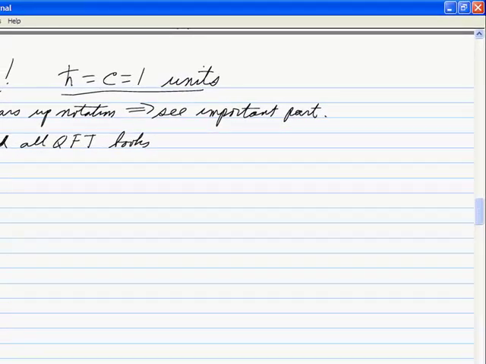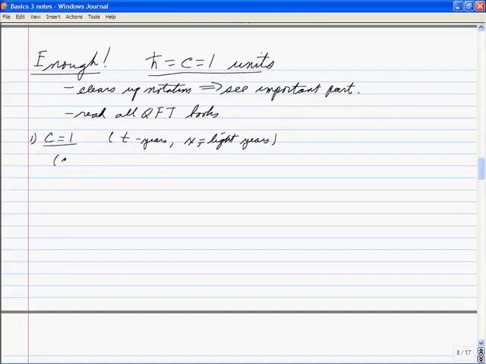The first thing, if I said c is equal to 1, you can just think of this as measuring time in years and position in light years. Okay, so things like ct and x turn into just t and x.